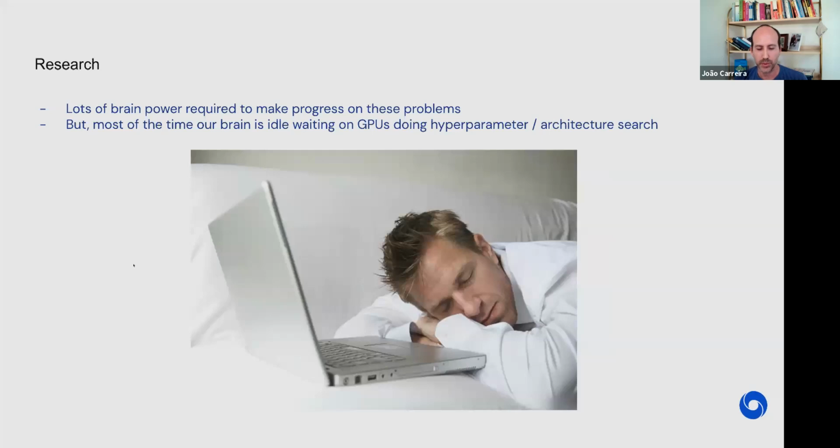And so I wish we were spending more time thinking about these very complex problems. But what really happens in research in this area right now is that we're not using our brains much of the time. Much of the time, what's happening is we're just doing hyperparameter search, architecture search, and just waiting for our computers to get that little update in the validation curve.